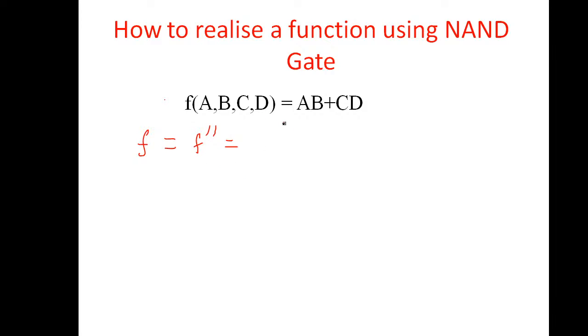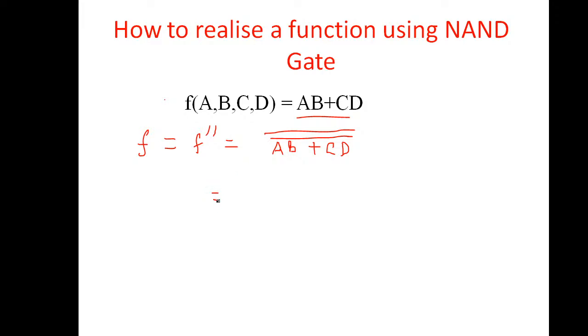Okay, so suppose a b c d is the function, we can write it here like ab plus cd. I am keeping this one, and I am doing a double bar, right? Because this is a function, I am doing the double inversion.